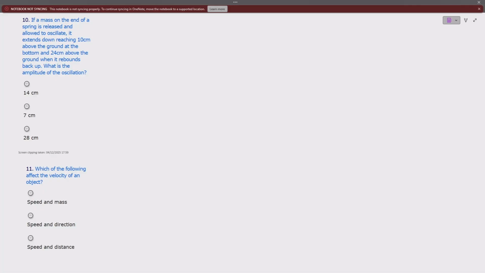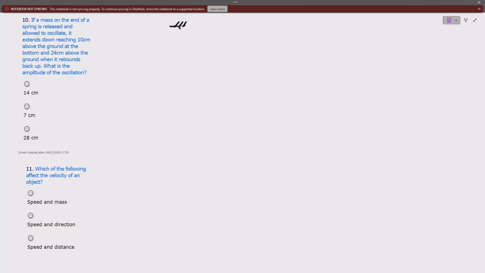Number 10. If a mass at the end of a spring is released and allowed to oscillate, it extends down, reaching 10 centimeters above the ground at the bottom and 24 centimeters above the ground when it rebounds back. What is the amplitude of the oscillation? So you can draw a free body diagram to see clearly what the question is trying to say.